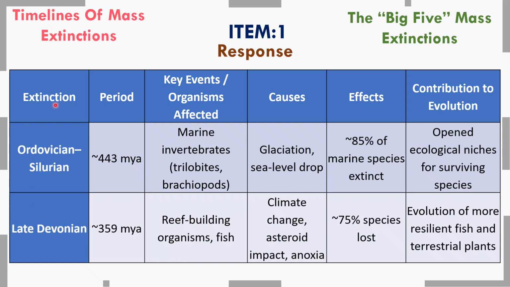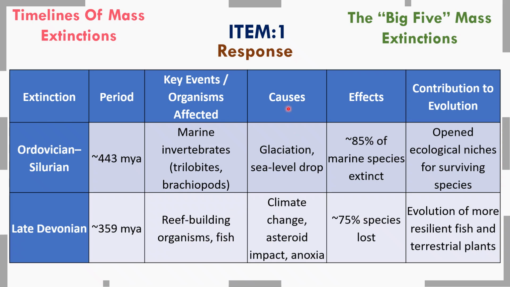Then another extinction was the Late Devonian. This occurred during the period of 359 million years ago, and the organisms affected were reef-building organisms and fish.